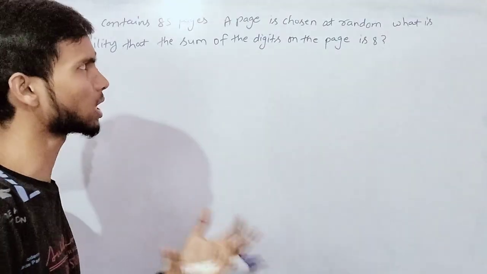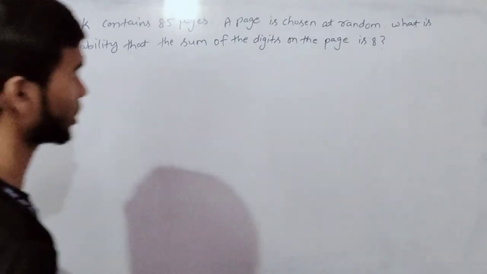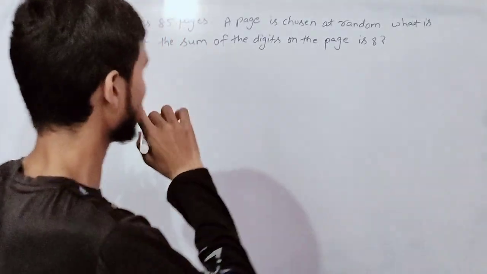A page is chosen at random. What is the probability that the sum of the digits on the page is 8?